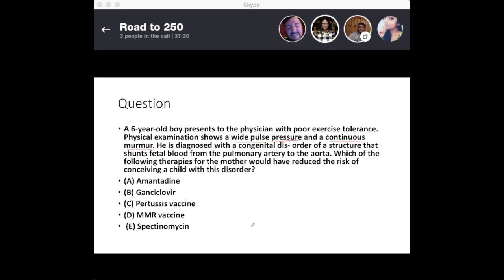He's diagnosed with a congenital disorder of a structure that shunts fetal blood from the pulmonary arteries to the aorta. Which of the following therapies for the mother would have reduced the risk of conceiving a child with this disorder? D is correct, MMR vaccine, because PDA is associated with congenital rubella, and rubella can be prevented with an MMR vaccine.